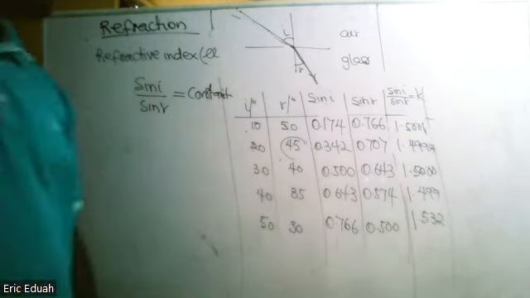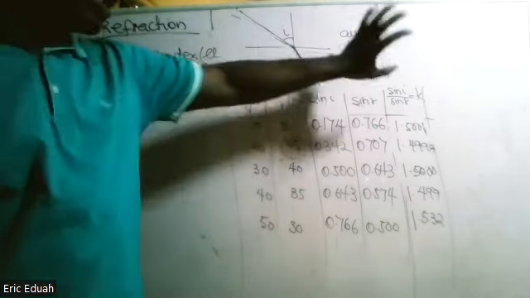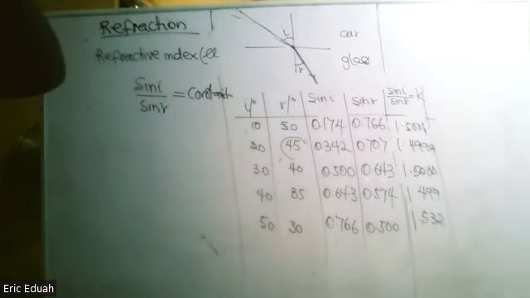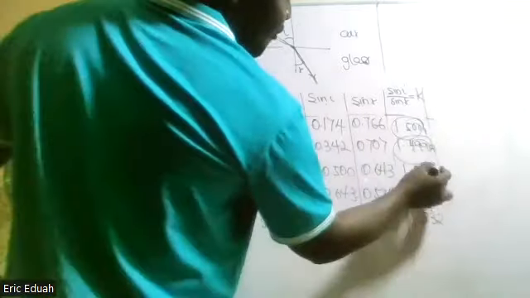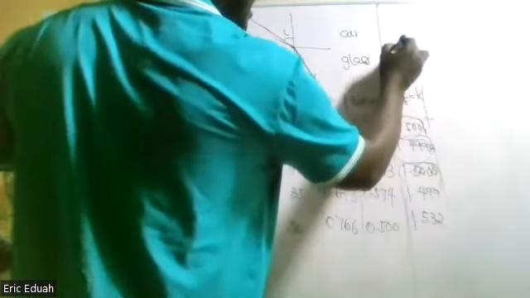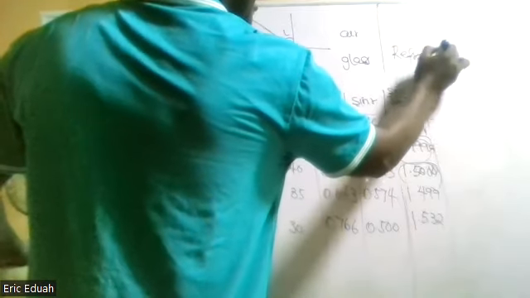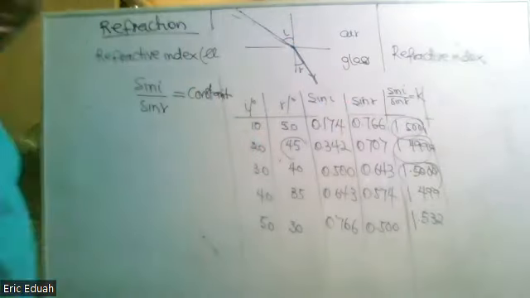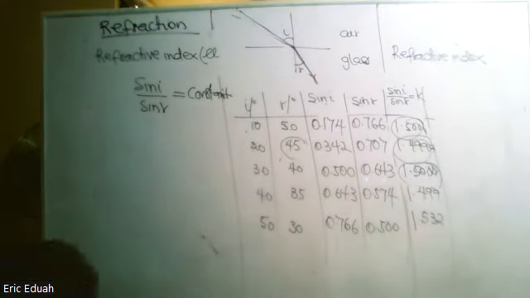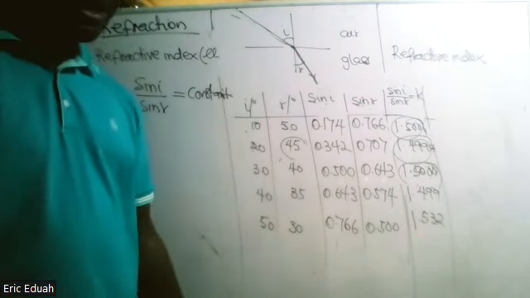Experiment to measure the refractive index, or to prove Snell's law. And this constant value of the ratio is what we call the refractive index of the material. And what is the refractive index of a material?